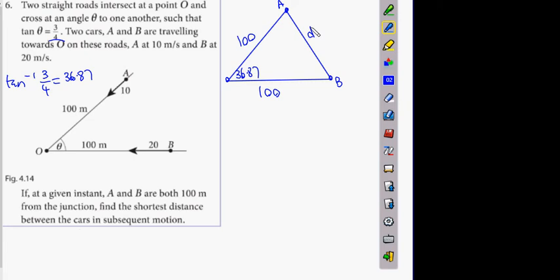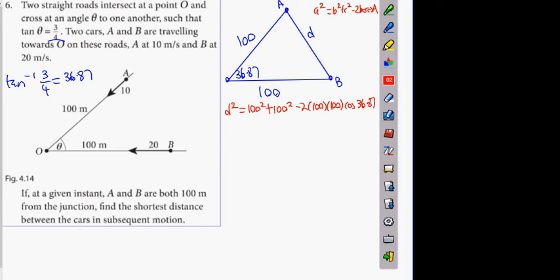The cosine rule is a squared equals b squared plus c squared minus 2bc cos A. So D squared equals 100 squared plus another 100 squared minus 2 times 100 times another 100 cos 36.87.